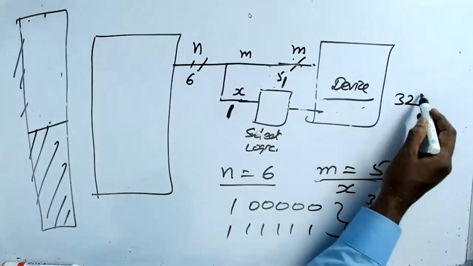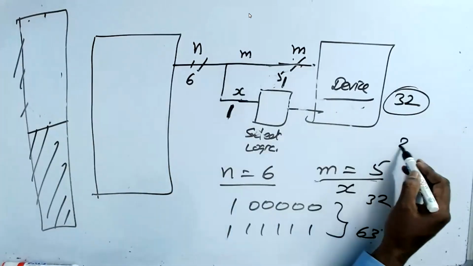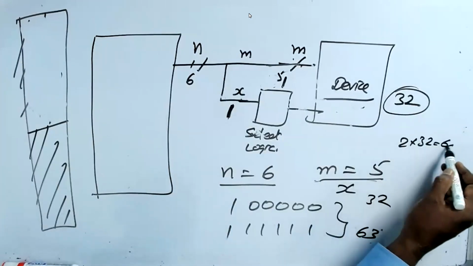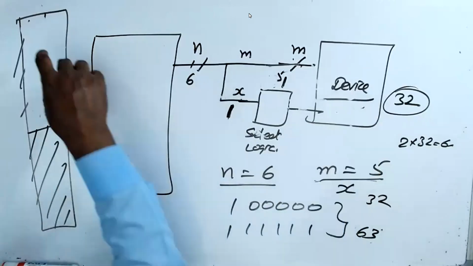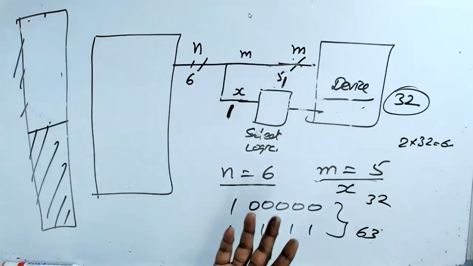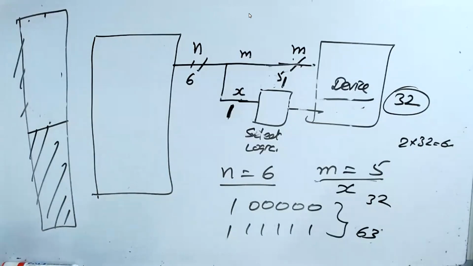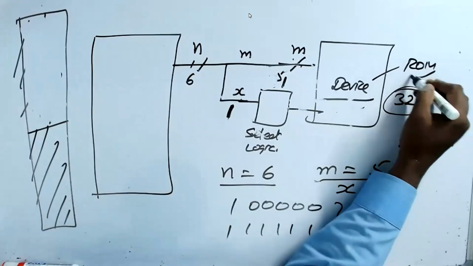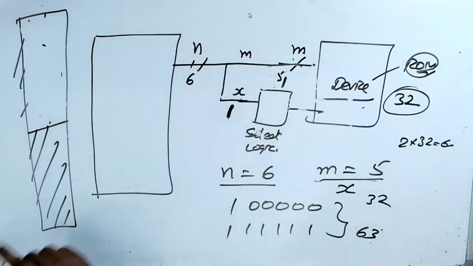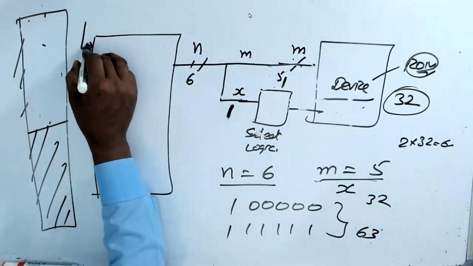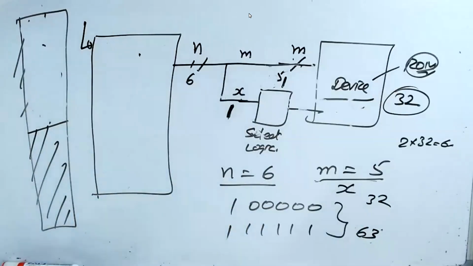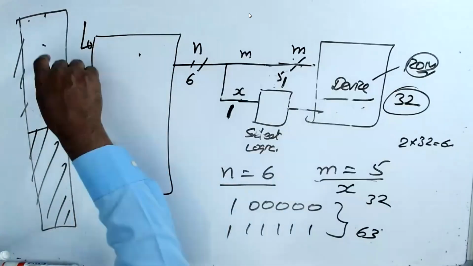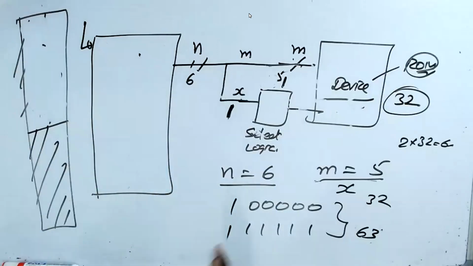Since I have 32 bytes, 2 times 32 is 64, I can put the device at the top or bottom, anywhere as you wish. But there is a special case: if the device is ROM, it has to be in the beginning, because when you give power to the microprocessor, it starts from the beginning. That's why we always say ROM has to be in the beginning. Otherwise, you can connect any device anywhere.